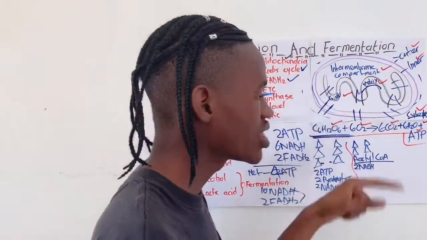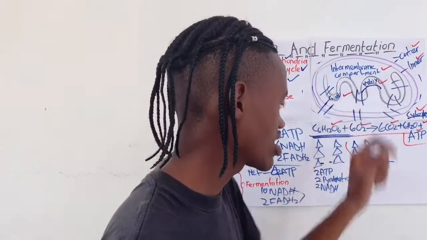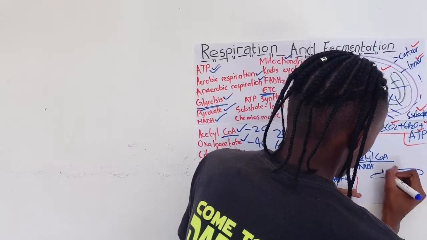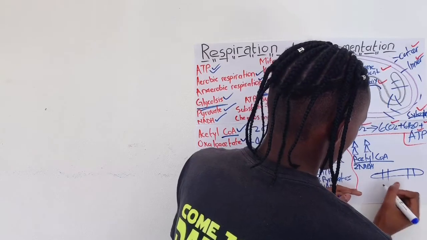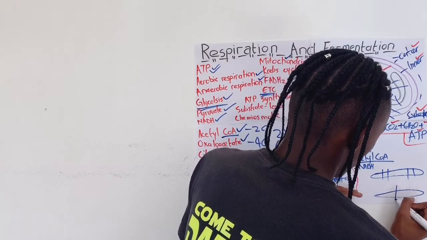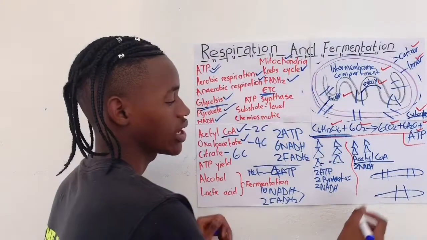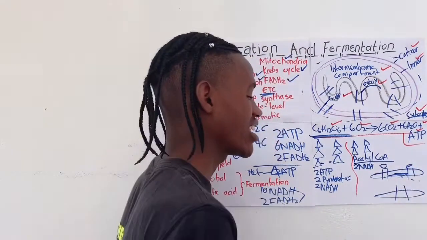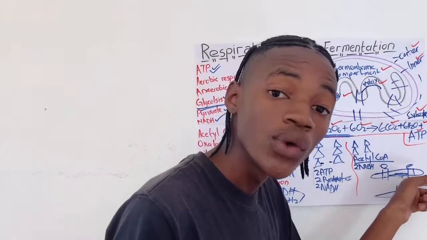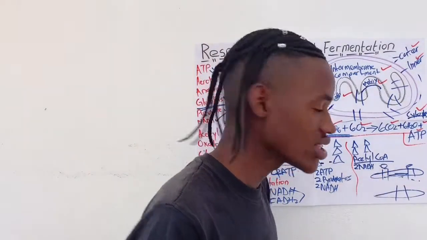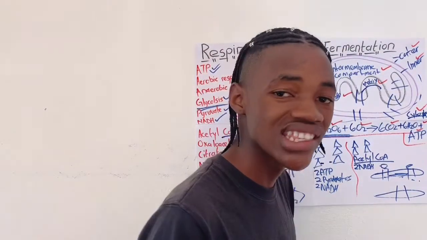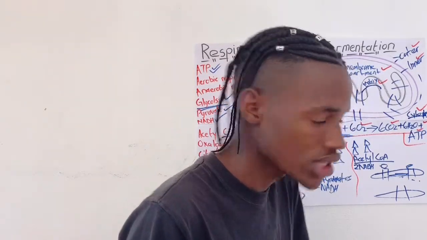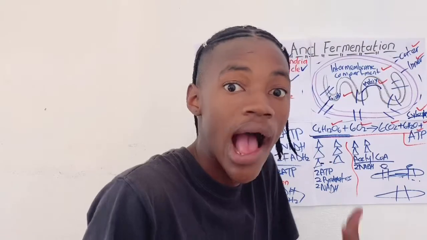And then within the electron transport chain, let us say this is our membrane, and then these are our chains, and then we have another membrane. Our electrons pass from this chain into the other chain, and as these electrons move, through the help of the proteins, they release energy, and this energy is in the form of protons, and these protons are called hydrogen ions.